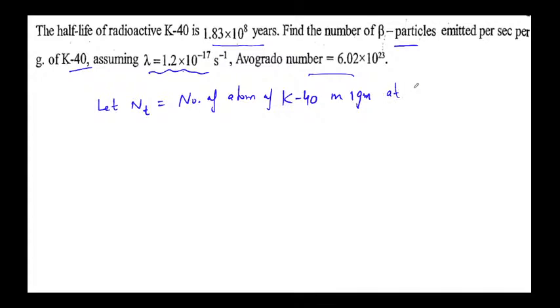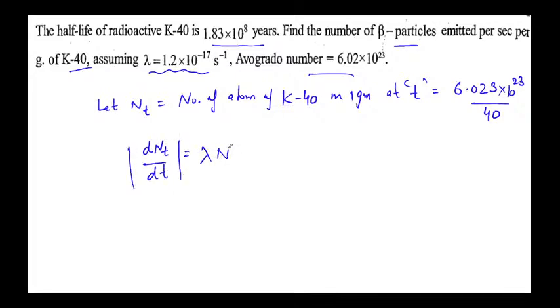At any time t, the number of atoms present will be Avogadro number over atomic mass, so that is 6.023 into 10 to the power 23 over A, that is 40. From this you can calculate dNt over dt, that is equal to lambda into Nt. So this is the number of particles emitted per second.